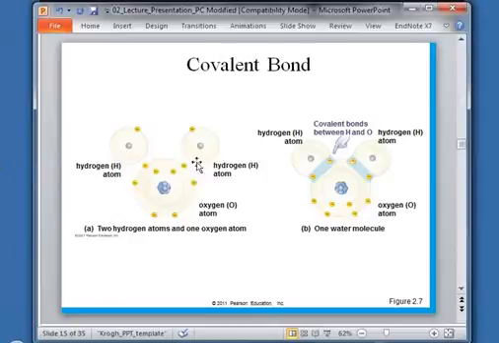And so what it does is it shares electrons with a hydrogen atom so that one would get it to 7, another one would get it to 8, and then it's stable. Meanwhile, these hydrogen atoms, remember that first layer can only hold 2 electrons, are happy because they are also sharing an electron with the oxygen atom. And so this becomes a very stable molecule. Water is very stable because the oxygen gets 8 and each of the hydrogen atoms get 2.